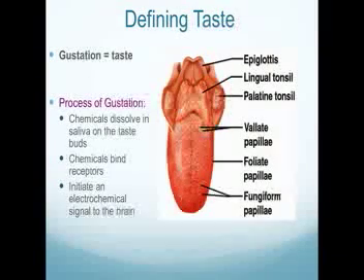Once they mix with the saliva, they dissolve and then they begin to bind to receptors, these receptors that I was just discussing, in the taste buds. Once those chemicals bind, it creates that action potential. That action potential then is sent to the brain where integration can occur. And you'll notice on the right here we have a nice little pictorial of the tongue, and I'm going to go through what each of these little features are.